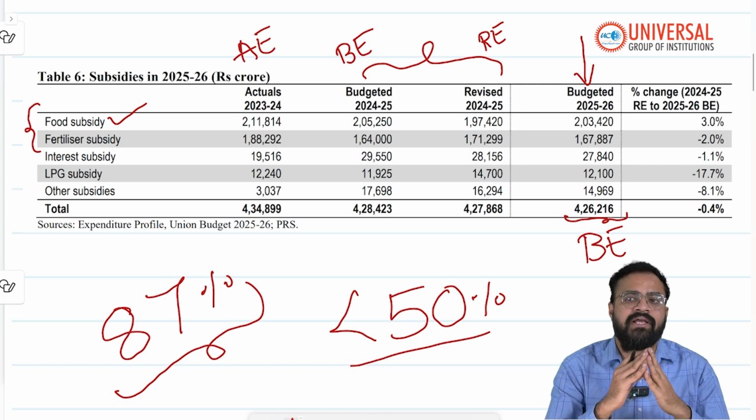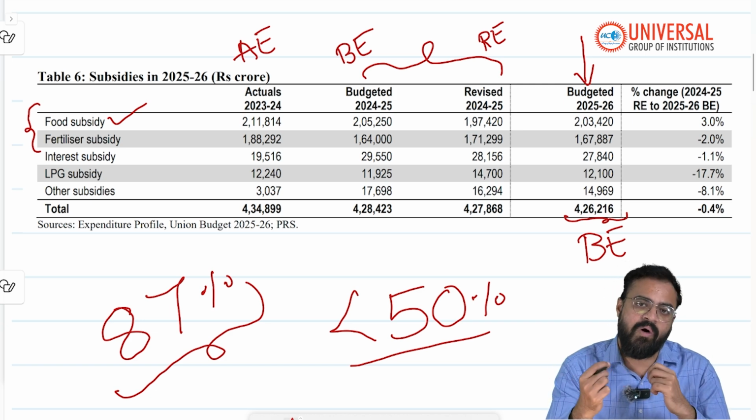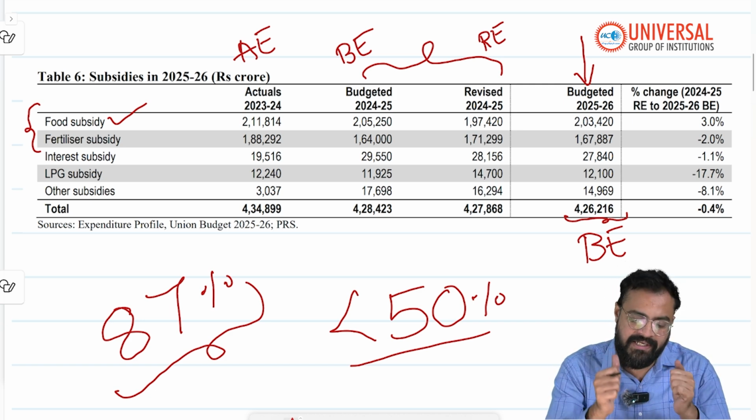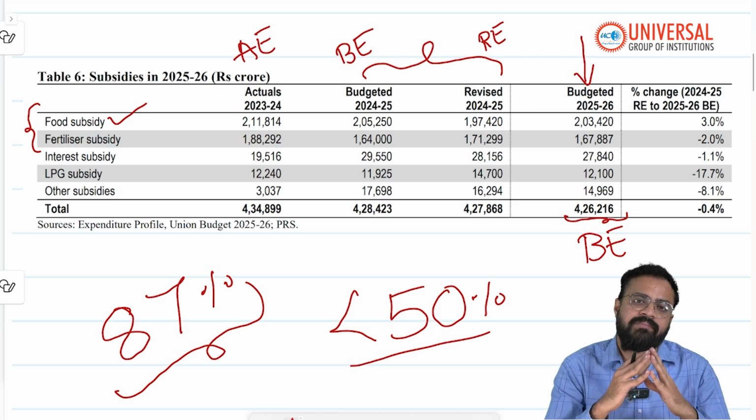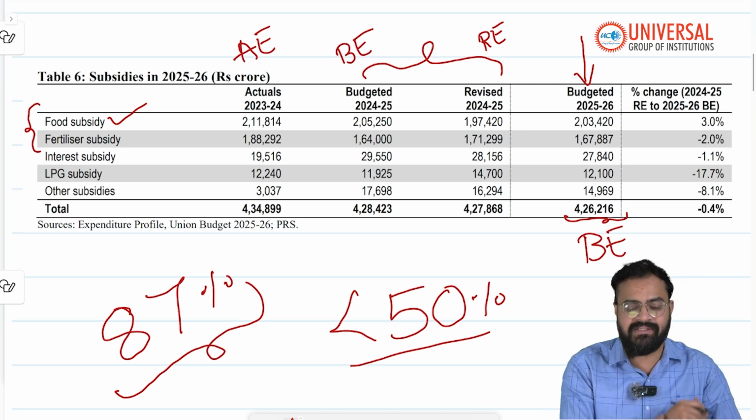If they say more than 90%, that becomes wrong. It is more than 85%, yes, because food and fertilizer subsidy account for nearly 87% of the total expenditure.